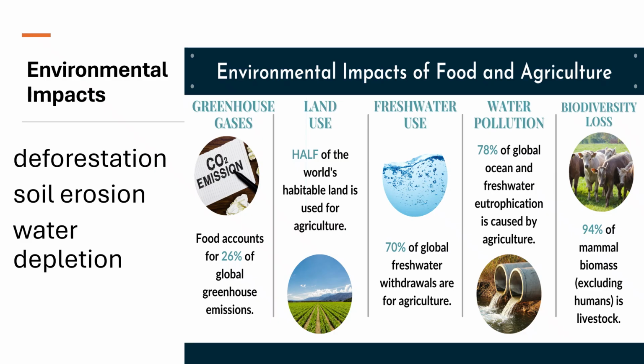Water pollution in agriculture has pesticides. Agriculture has fertilizer that can wash into our waterways. And biodiversity loss. If you're in a forest, you're going to have a lot of creatures. If you're cutting down the forest, you're losing those creatures' habitats. So we're losing that biodiversity in favor of cows or pigs or corn.